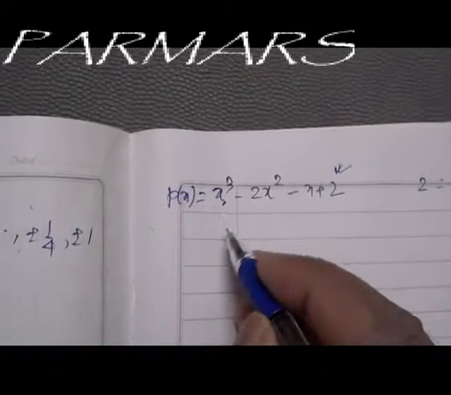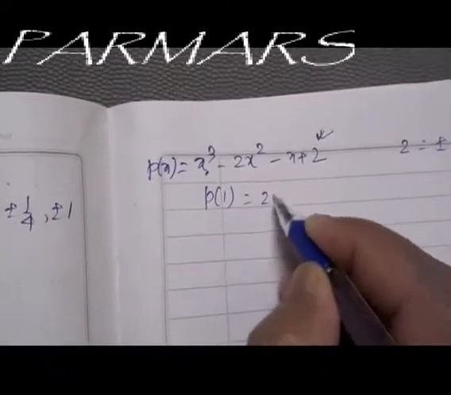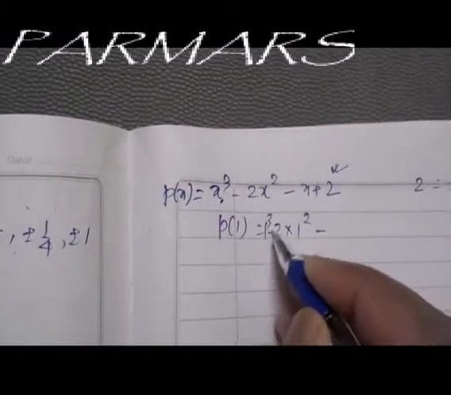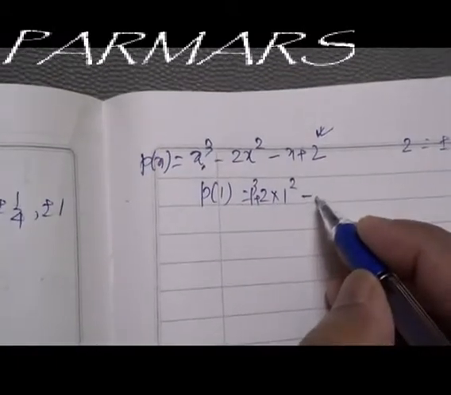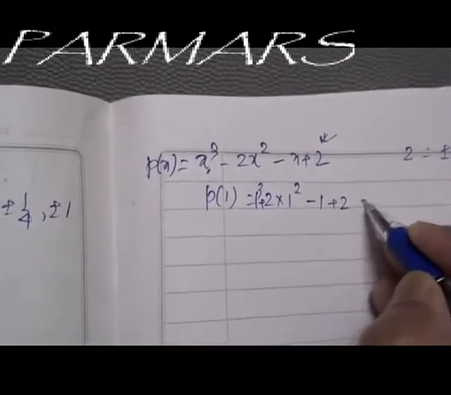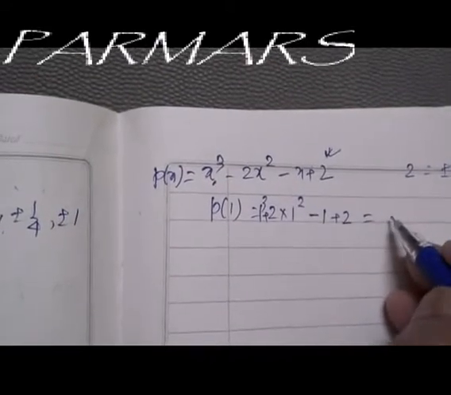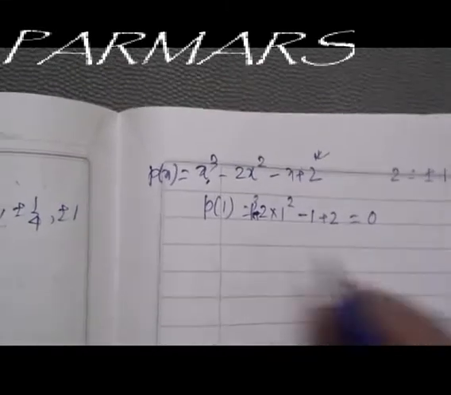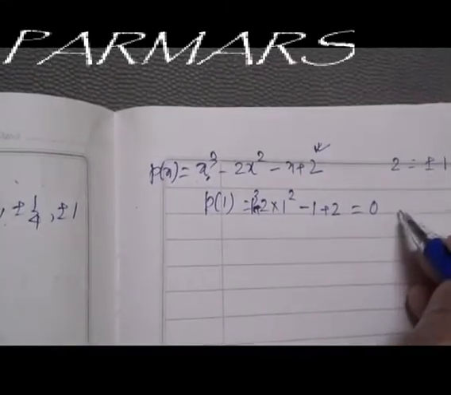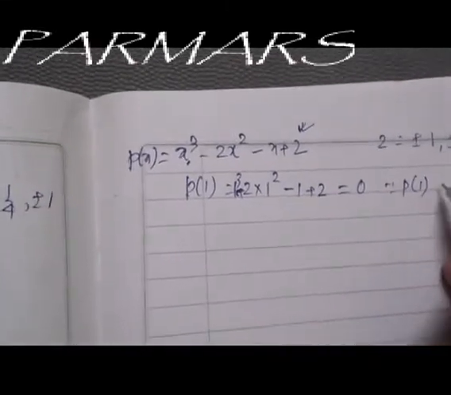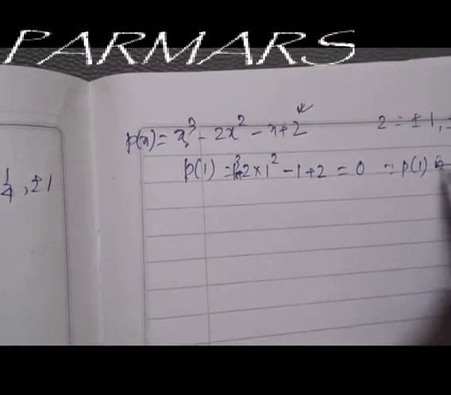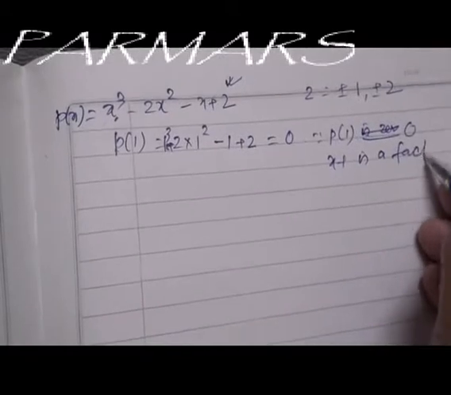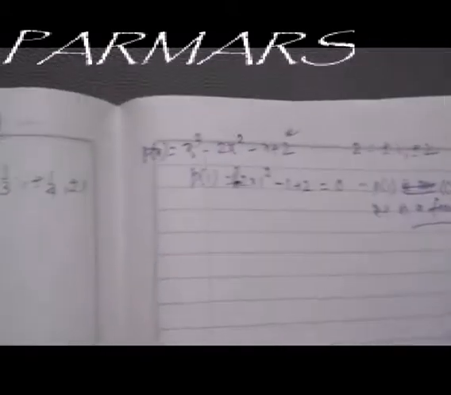Now put p(1): 1 cube minus 2 into 1 square minus 1 plus 2. What do you get? 0. So p(1) is 0. Since p(1) is 0, x minus 1 is a factor using factor theorem.